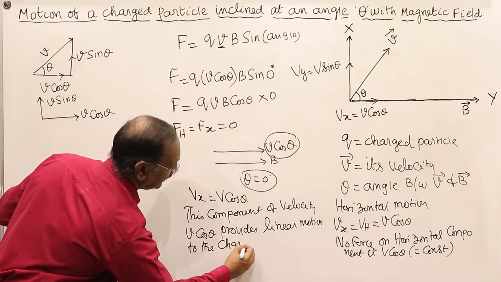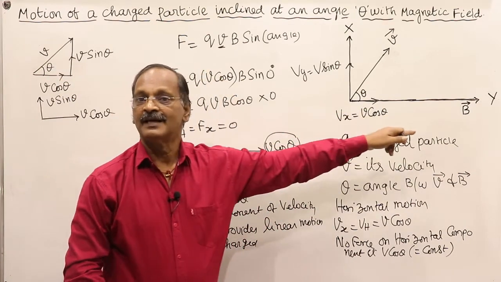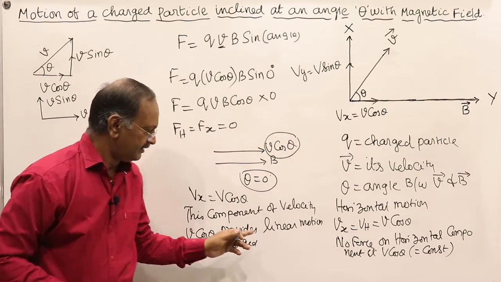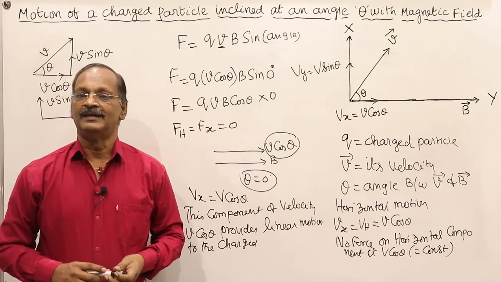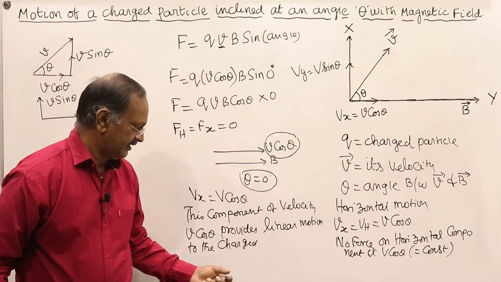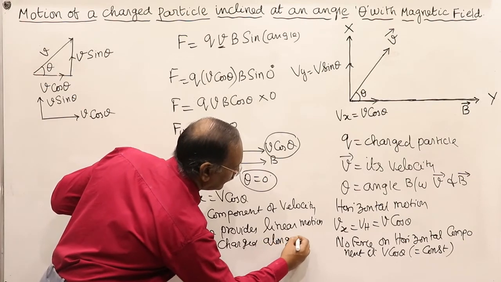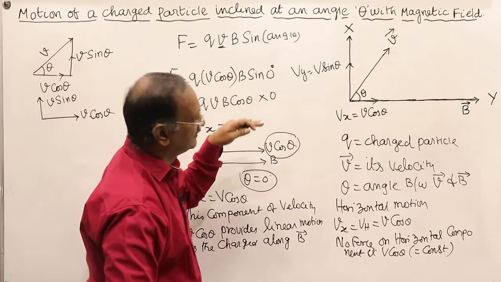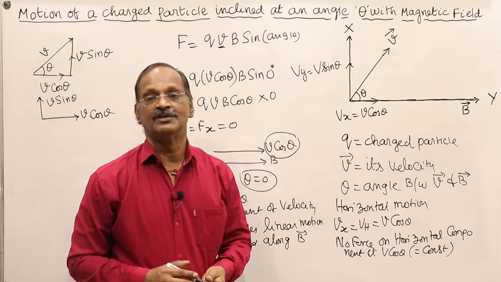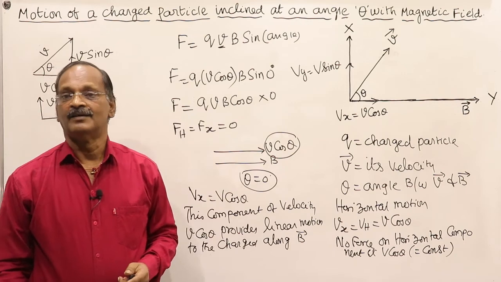Because the velocity is acting this way, no force is acting on it, and this velocity is constant. This velocity is acting along B and provides linear motion.